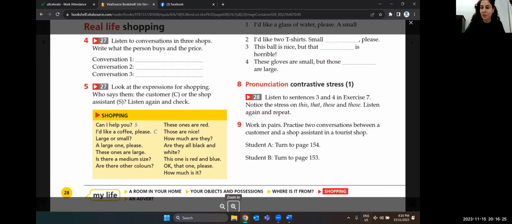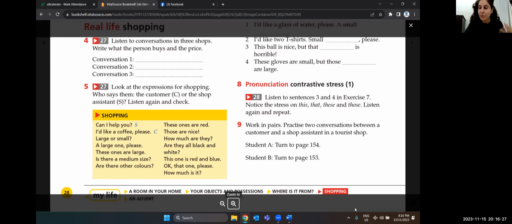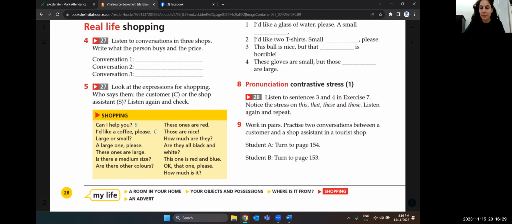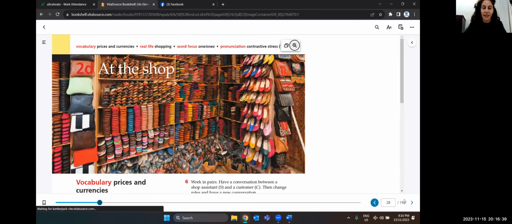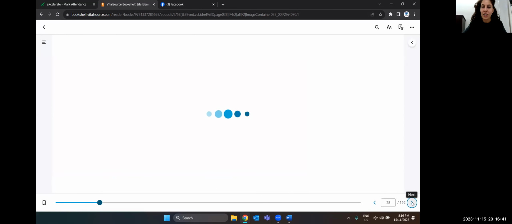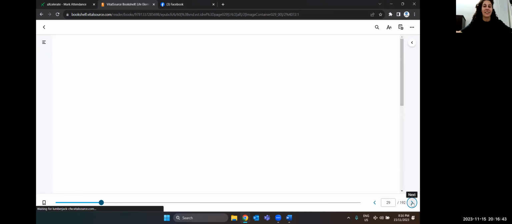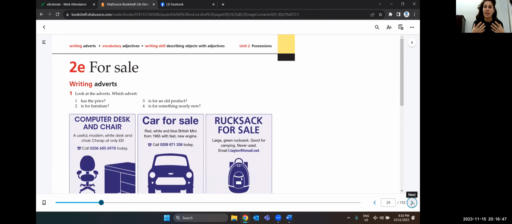So when we go to the market, we know how to talk about the price, what color, if we want something different, and how much is it. Now we're going to talk about selling something. So we have an object, something that we don't want, and now we want to sell it. So we want to put it for sale.